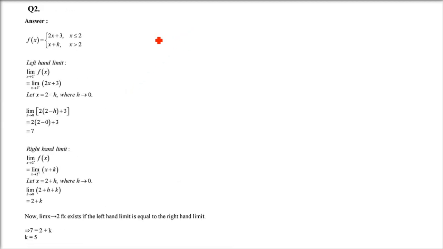Let me show you on the number line. This is x equals 2. This is a critical point, but it is not going to be 0 or infinite. We are talking about the left hand side and the right hand side. Left hand side means 2x plus 3, so if x is less than or equal to 2, we take y equals 2x plus 3.